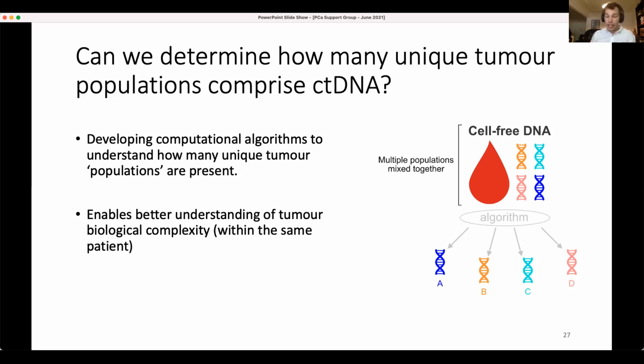And we hope that this will eventually be informative in the clinic. For example, it could be the case that patients with a really biologically complex tumor might have a higher probability of having upfront resistance mechanisms. So this might be actually a useful prognostic marker to later incorporate into clinical management strategies.